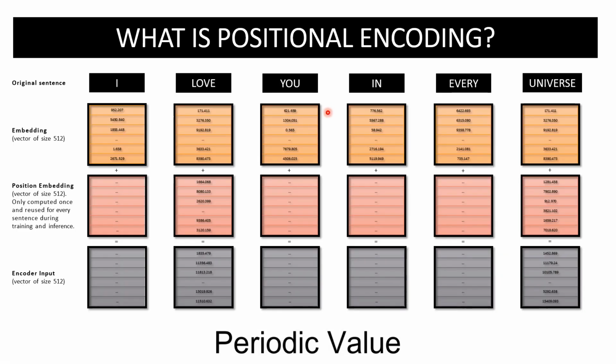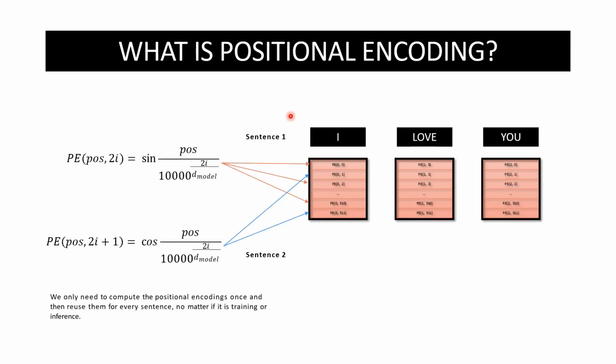In the positional encoding, it will calculate the value based on two periodic methods called sine and cos. Using the sine and the cos, we can calculate the periodic motion of the value, and after completing this we can get some periodic value in continuous form. If I look at the formula, you can see this is the formula of the positional encoding: sine of position over 10,000 to the power of 2i over d model.